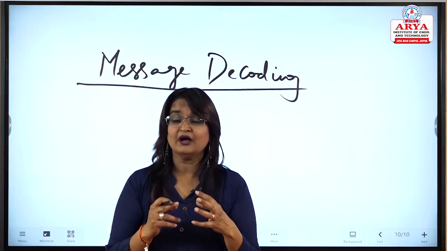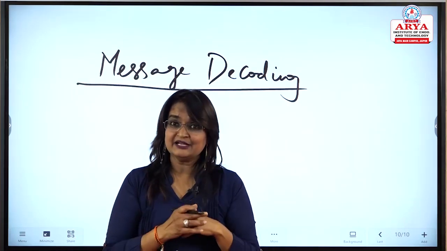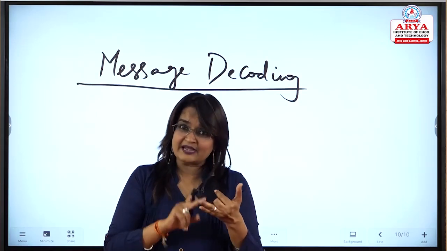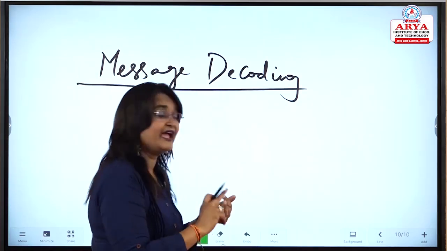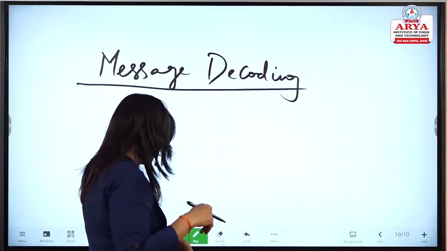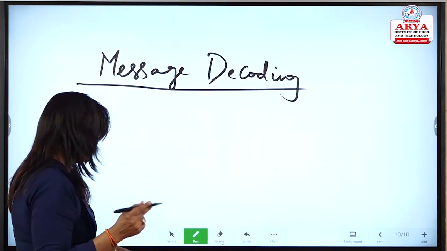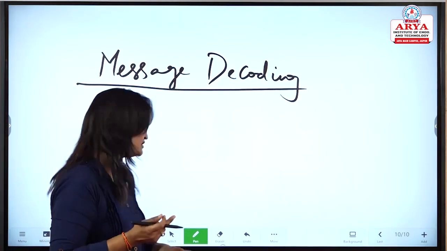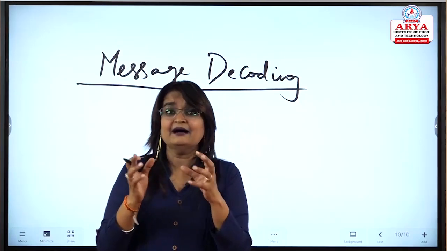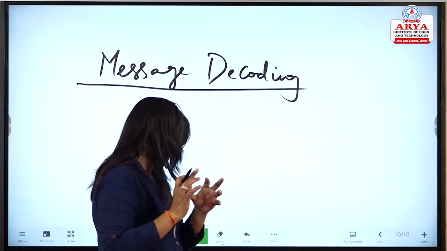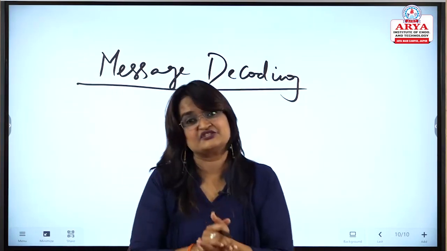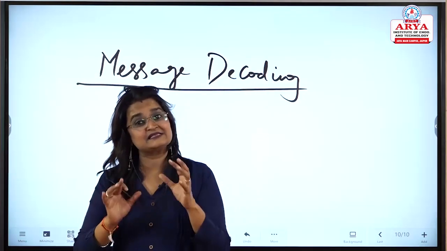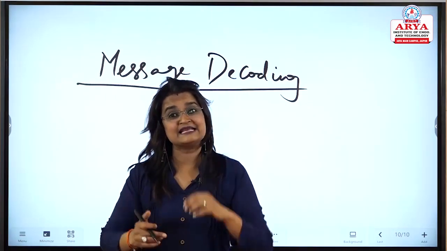It's how you take it, the way you read it, the way you understand it, the way you think about it. So it occurs when the receiver attempts to ascertain the meaning of the sender's message, what the sender has sent.